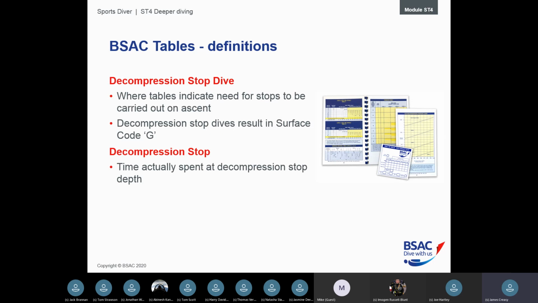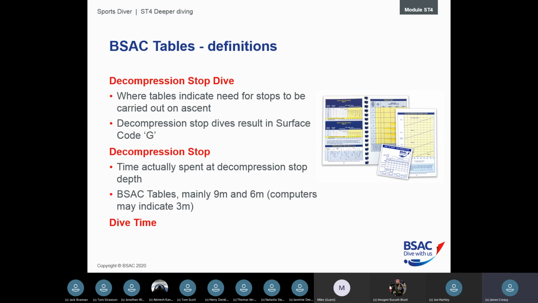So the decompression stop is the time that you actually spend at that decompression depth. There are various depths, mainly 9 meters or 6 meters. Your computer may sometimes say to do one at 3 as well, but it's normally a safety stop. But sometimes they actually are required as deco stops due to the computer's algorithm.